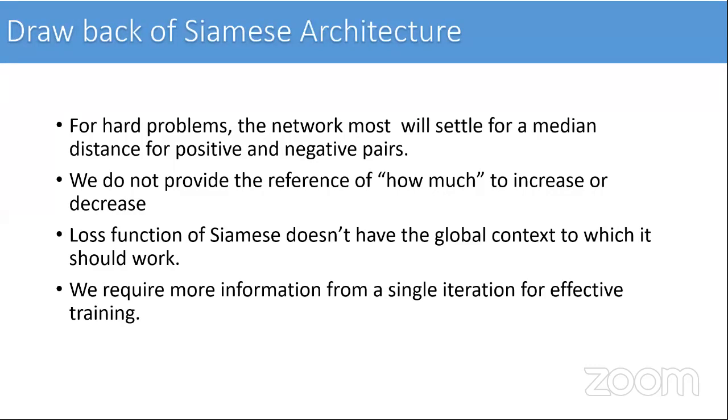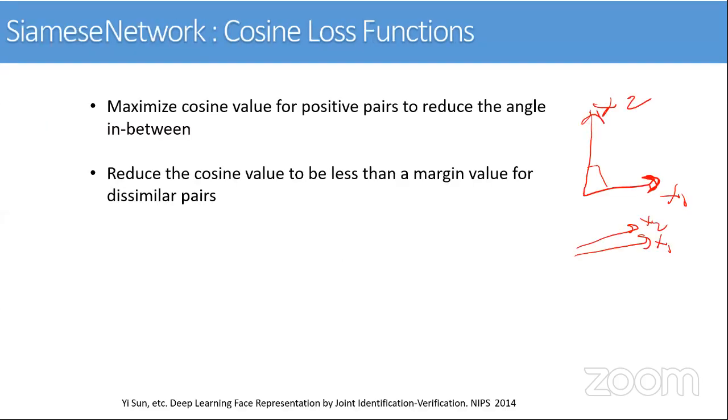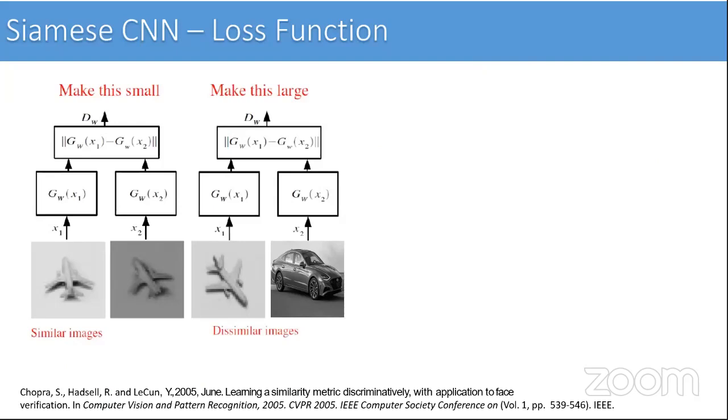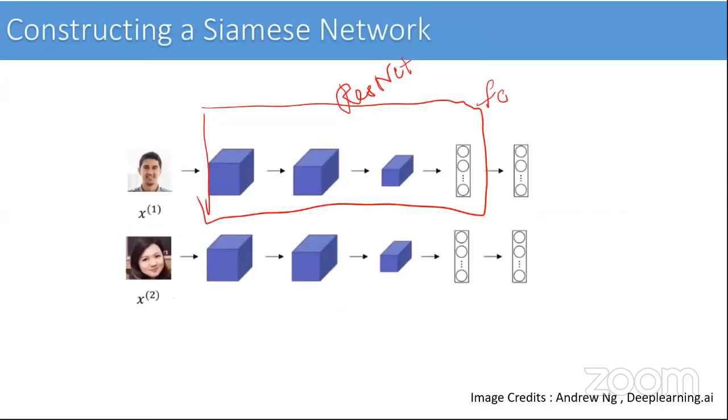Yes. Yeah, Nikhil. Could you go to the initial slide where you had two images and you explained the Siamese network? Okay. This one? Yeah, this one. So here, see, the final fully connected layer is going to have a certain number of values, right?